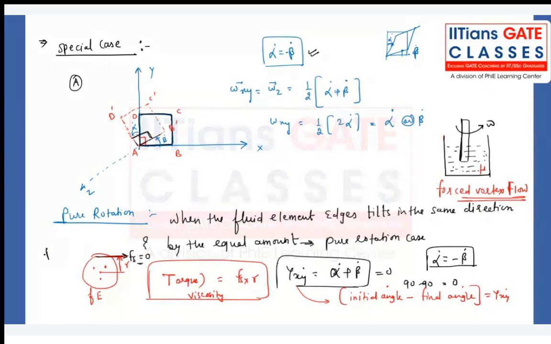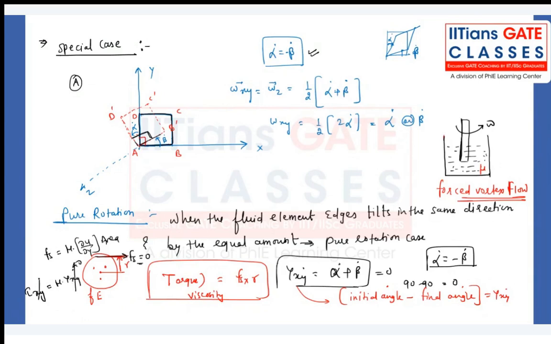We know that it is mu into dou u by dou y into area, right? So what is happening here? Dou u by dou y exists, or what we can write directly is the shear stress. What is the shear stress? Mu into gamma xy dot.